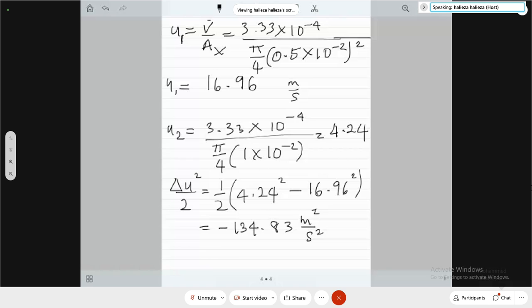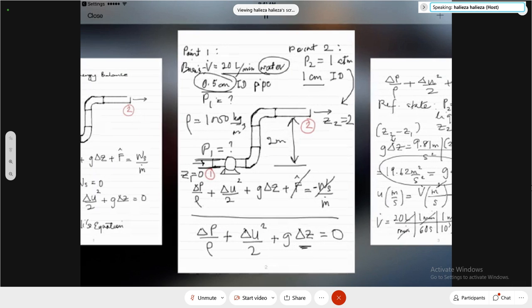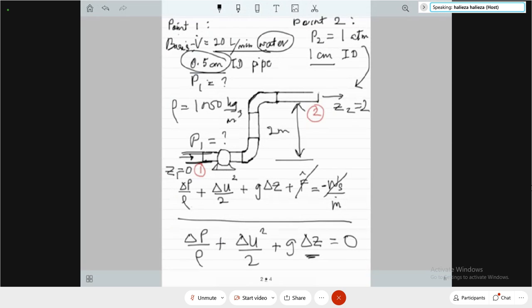Now let's look at the original equation, the Bernoulli equation. This is the Bernoulli equation. Okay, we have done that part, we have done this part. Now we are left with this difference in pressure. Let's solve for the difference in pressure then.